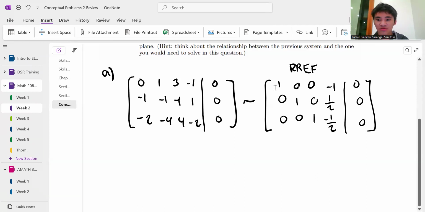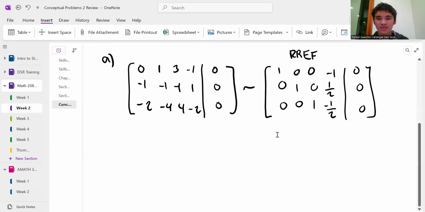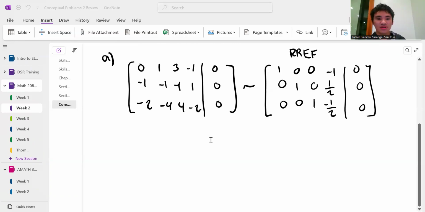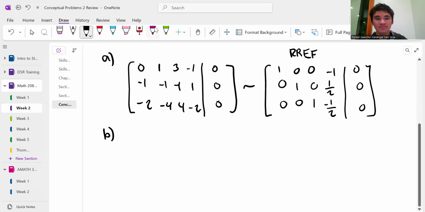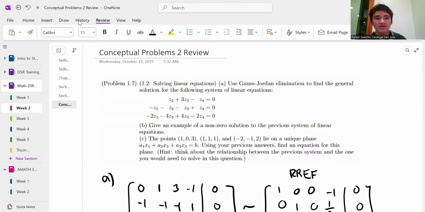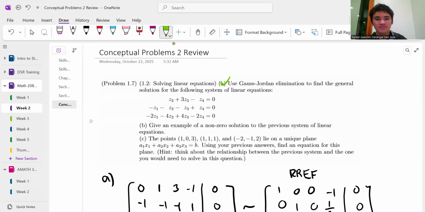Well, if we look at the pivot columns, there's only one entry, which is 1, the pivot, and it's the only non-zero entry for each pivot column that has a leading term. Okay, so yeah, that's it. Done for A.